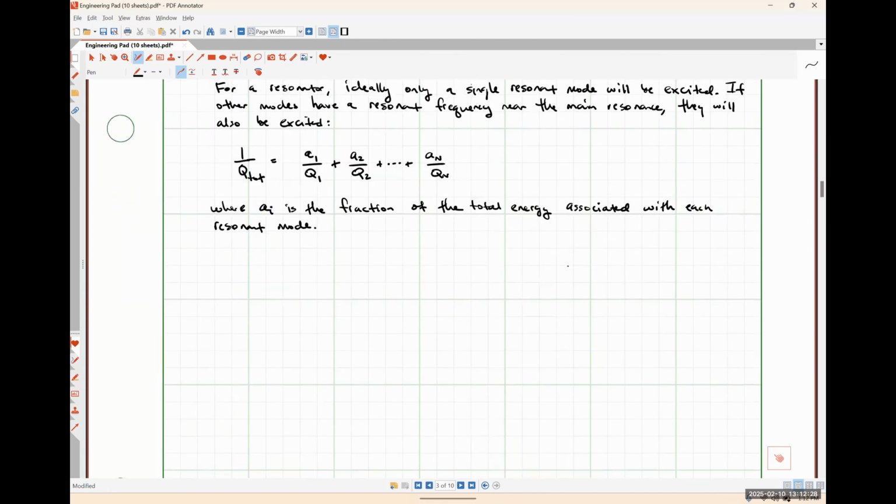So if we had a resonator where our quality factor for one mode was 100,000 and 99.9% of the vibrational energy was in this resonant mode 1.